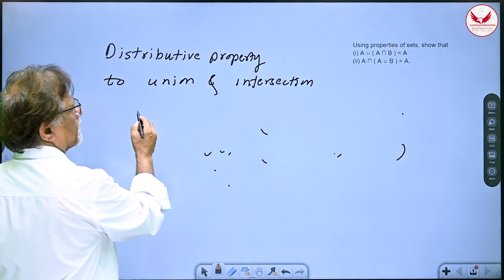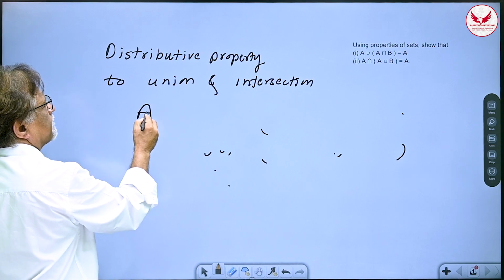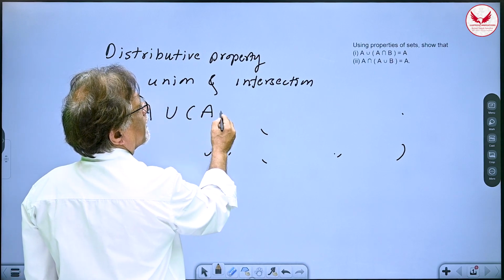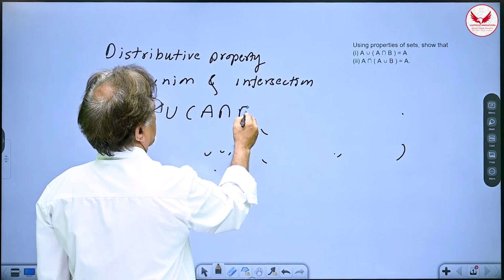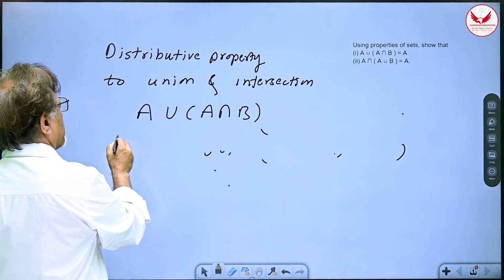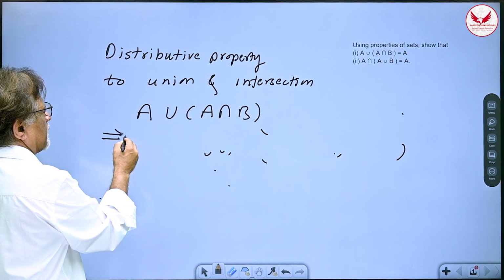So what is the first question? The first question is A union A intersection B. Now just apply the distributive property. What does that mean?